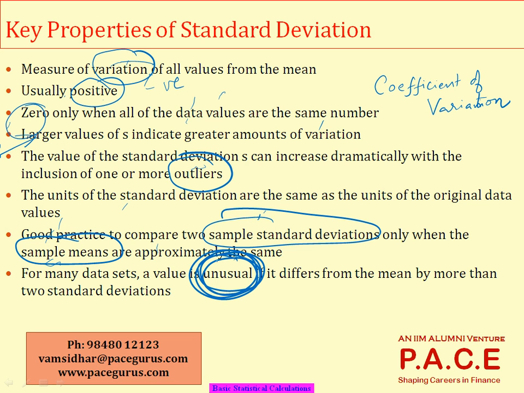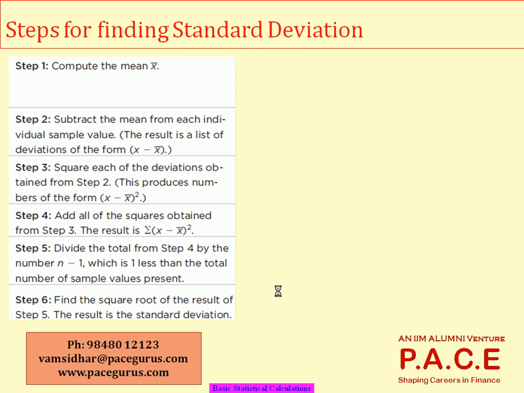If it differs by more than 2 standard deviations, we call it unusual, or sometimes an outlier. So these are some of the important things that we derive by looking at the standard deviation. As a part of analyzing the data, standard deviation forms one of the key aspects for an analyst.